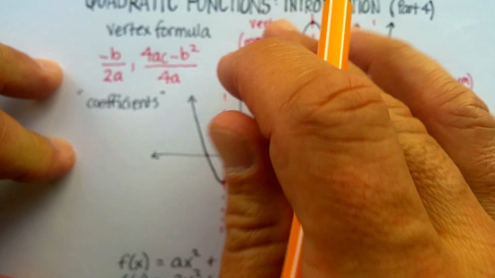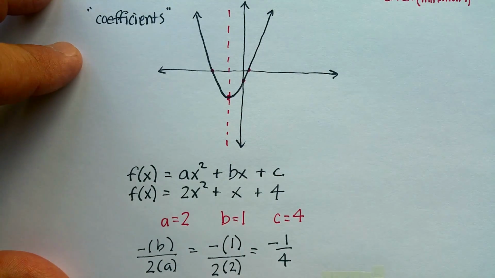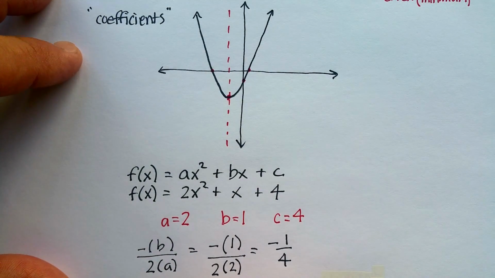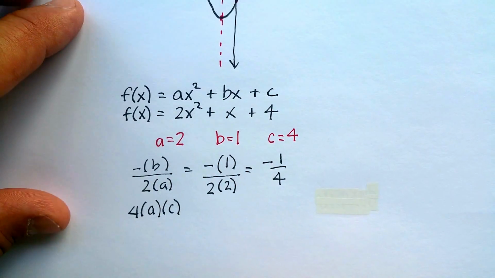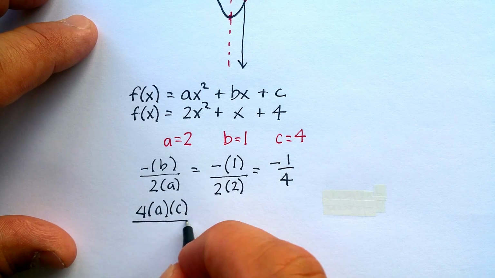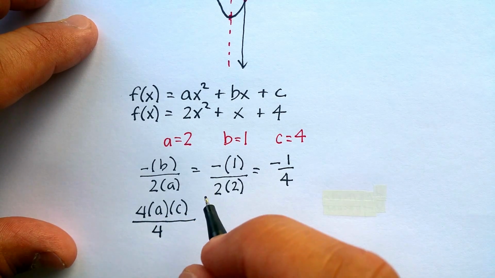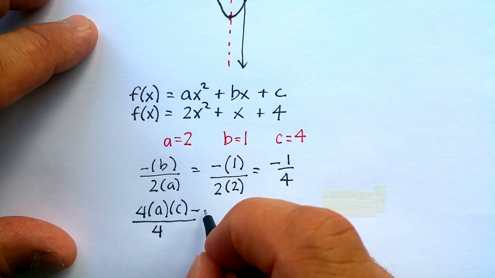The y value is this formula up here. Okay, so let's plug our numbers into there. Again, we know that it's 4 times a times c, all over 4 times a, minus b squared, don't forget that.